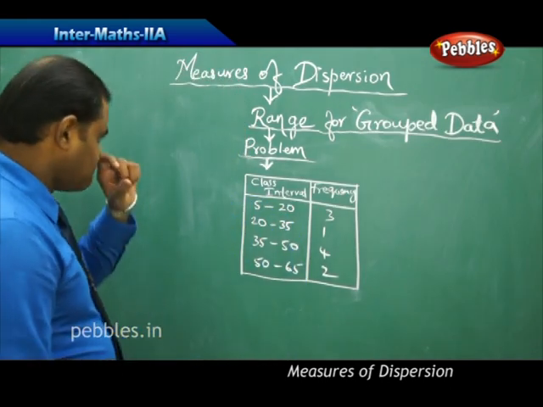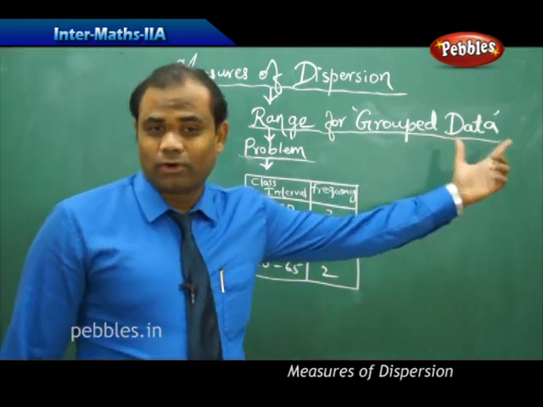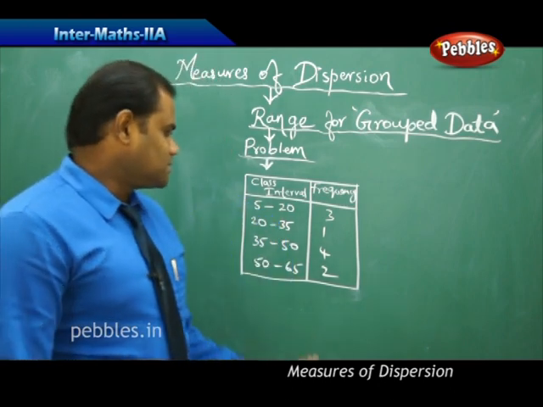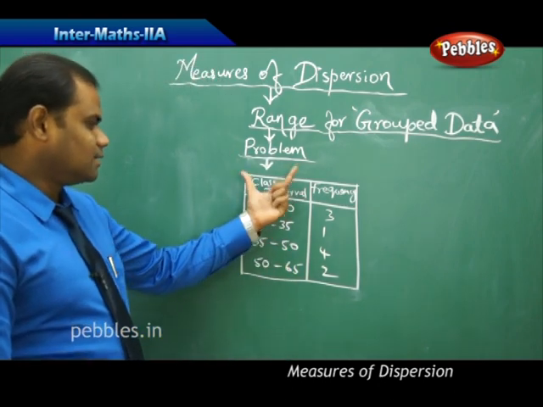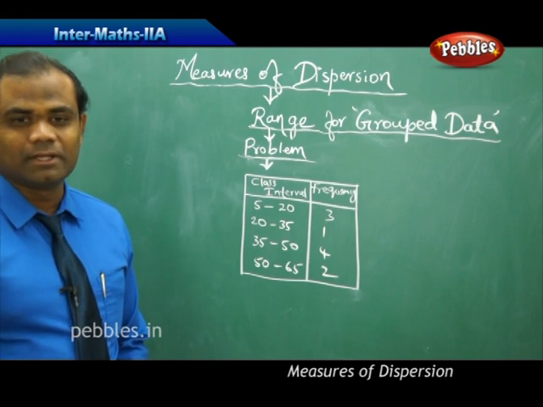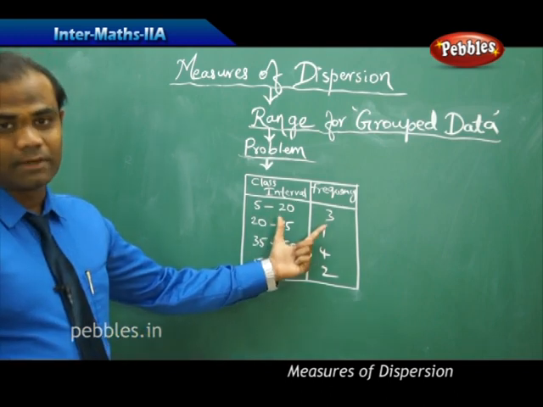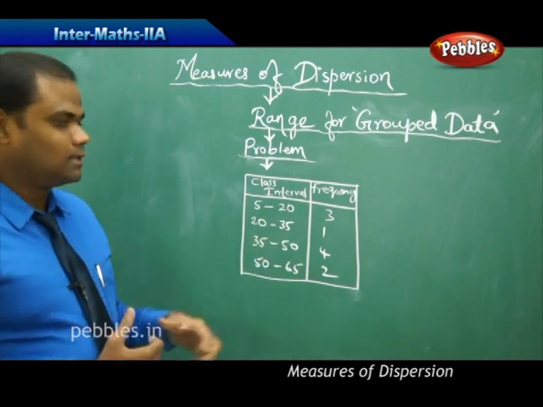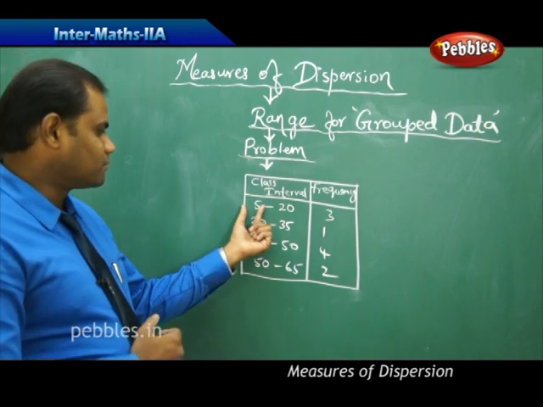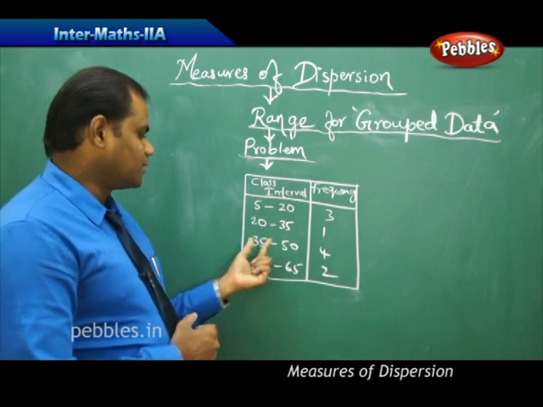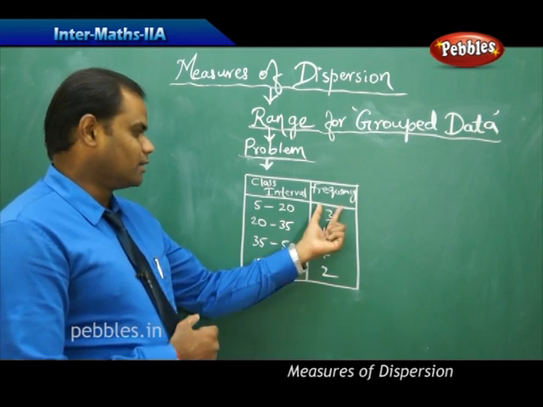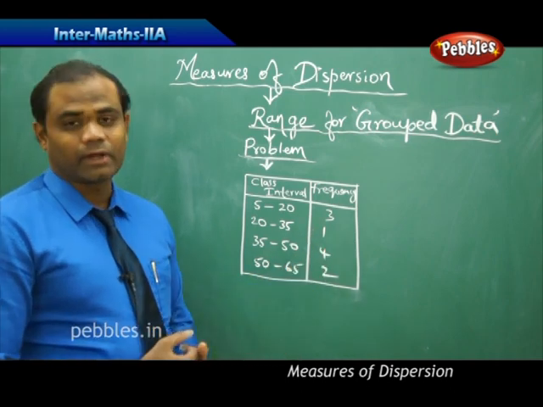Now let's see how we can find the range for grouped data. As I can see, this is clearly a frequency table or grouped data. The class intervals are 5 to 20, 20 to 35, 35 to 50 and 50 to 65, and the frequencies are 3, 1, 4 and 2.